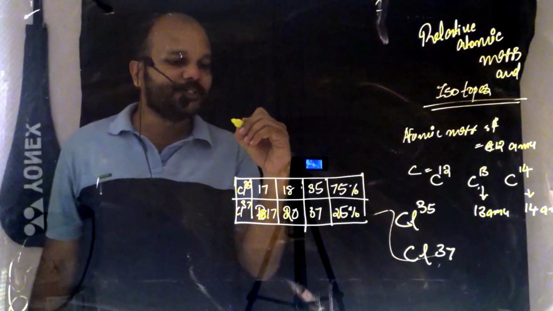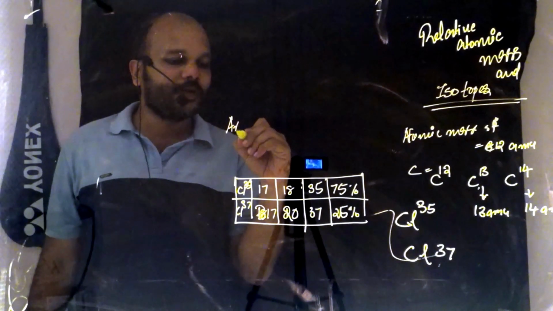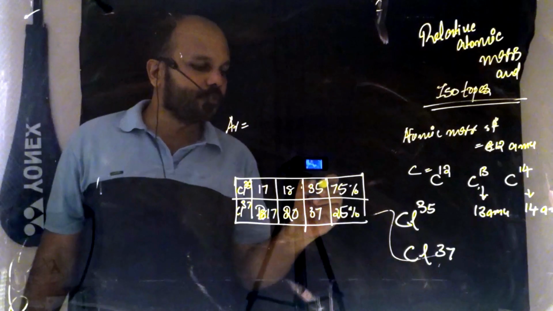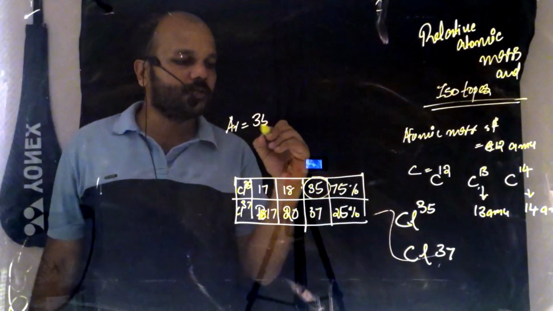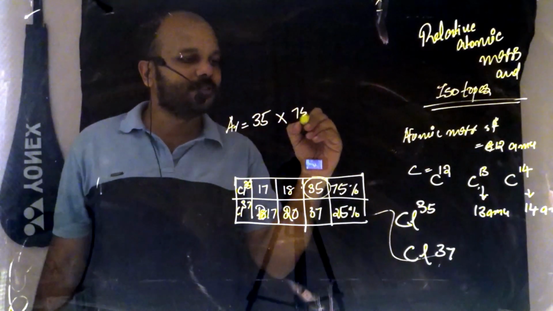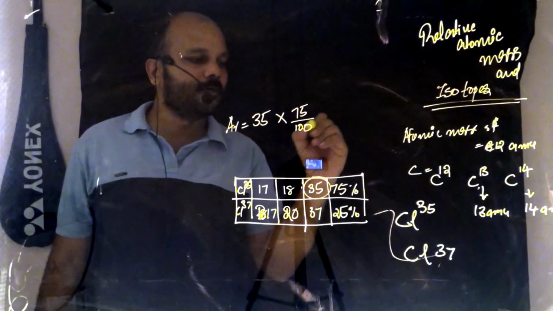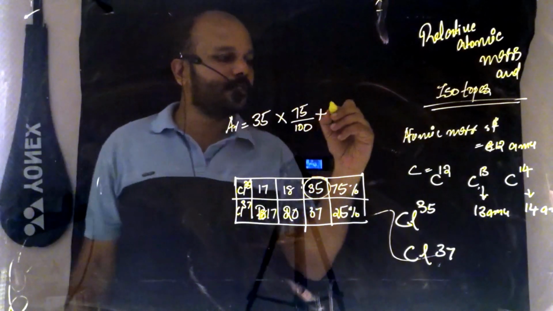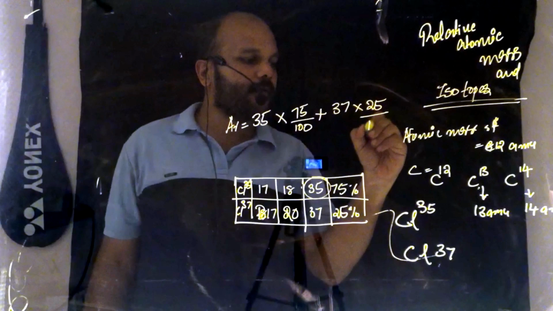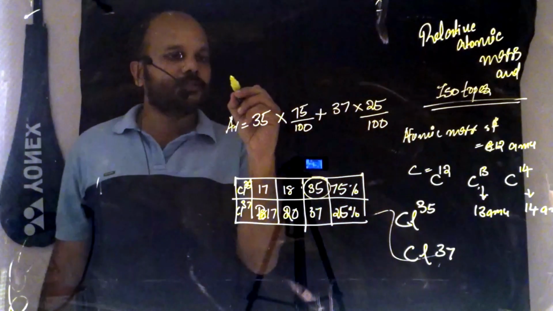So in this case, the atomic mass of chlorine is going to be 35 into 75 divided by 100 plus 37 into 25 divided by 100. Okay, so this is the one.